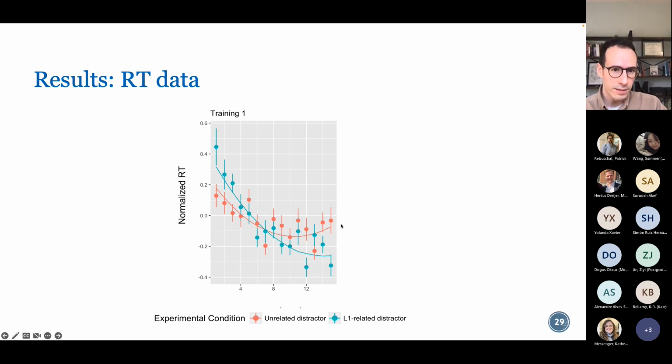So rejecting the unrelated distractors should actually be fairly easy, and still they were not able to become as efficient as the other group. I have other data I'm not plotting here, but by the end of the last session, actually, the L1 related distractor group was consistently faster from beginning to end relative to the other group.